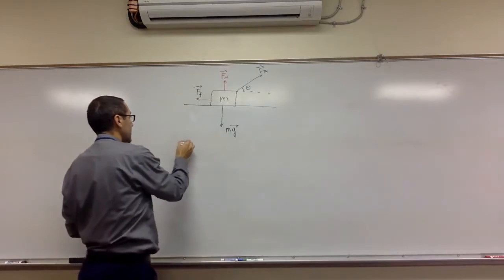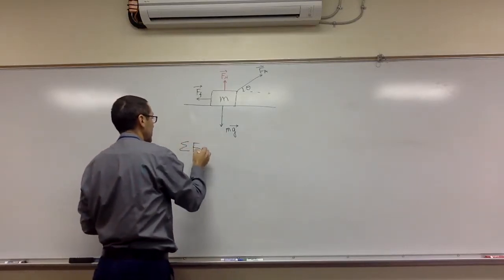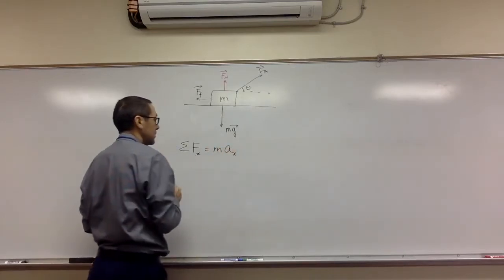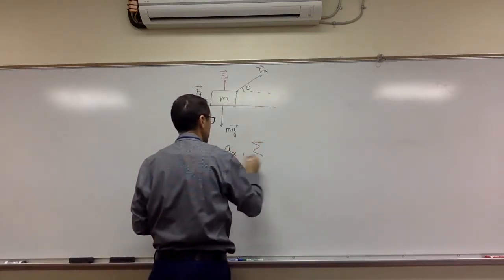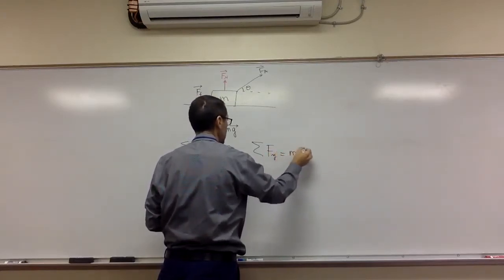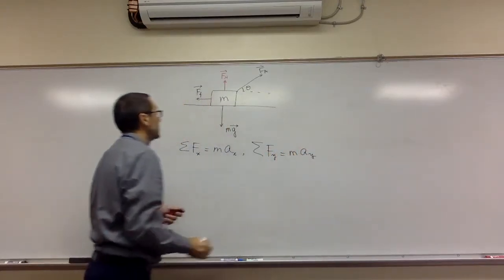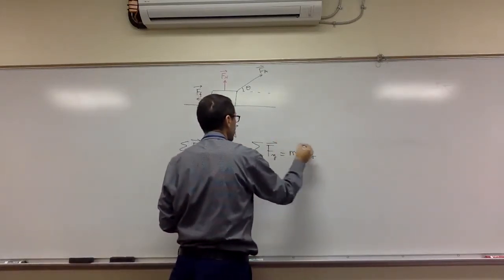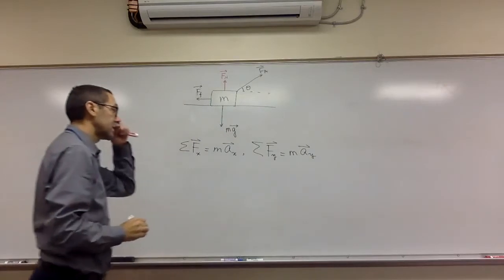Now we're going to write the sum of the forces in the x direction equals ma in the x direction, and the sum of the forces in the y direction equals m times the acceleration in the y direction. Now these are all vectors, of course, not scalars.